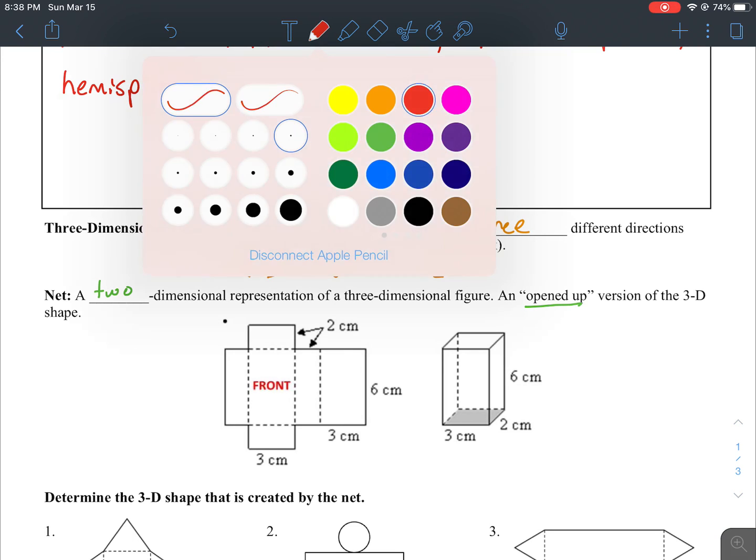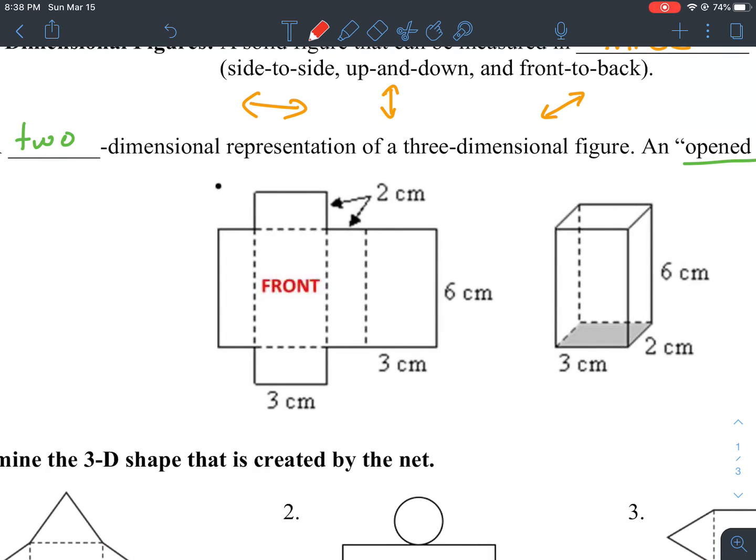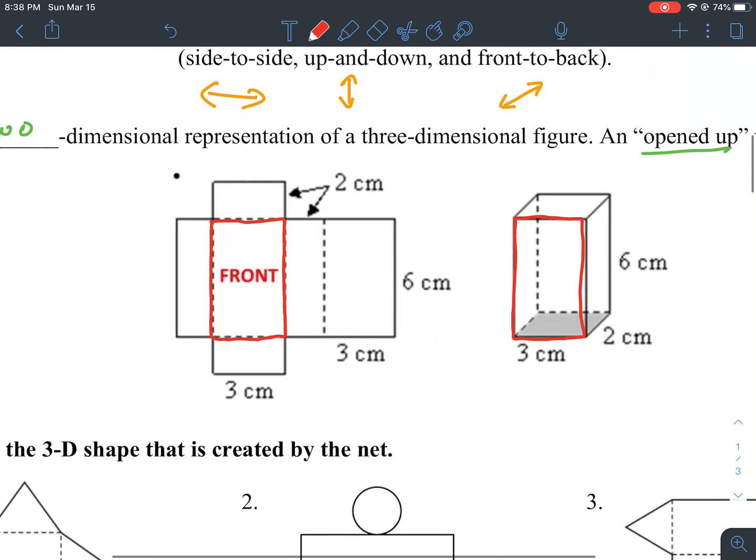So when we see this first example here on the left-hand side of what a net is, we can see that this rectangle here labeled as the front corresponds to this rectangle right here, the front of the three-dimensional shape. This left side right here would correspond to this left side over here.